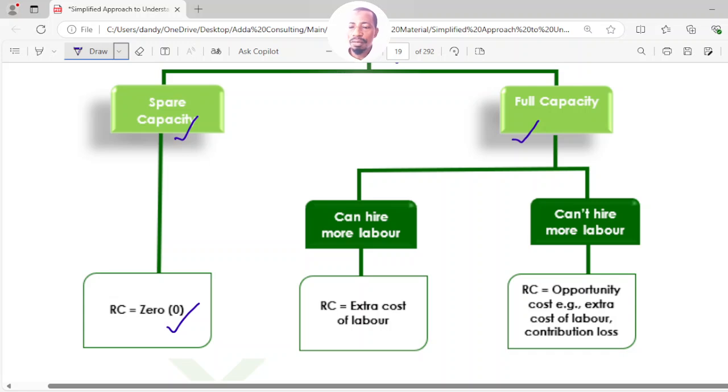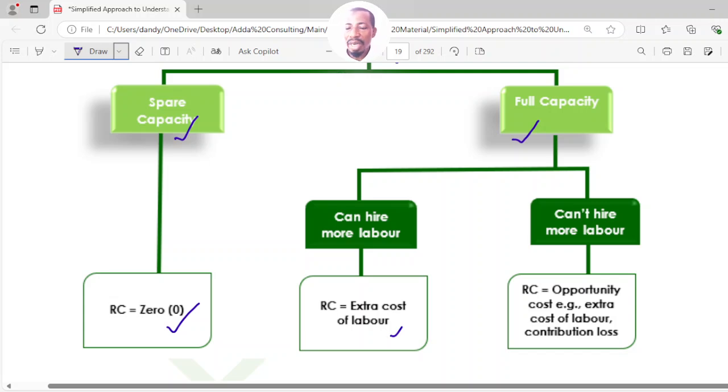However, under full capacity, two things can happen. The company can be able to hire more labor. It is also possible that the company cannot hire more labor. Where the company can hire more labor, the relevant cost is equal to the extra cost of labor that the company will incur.